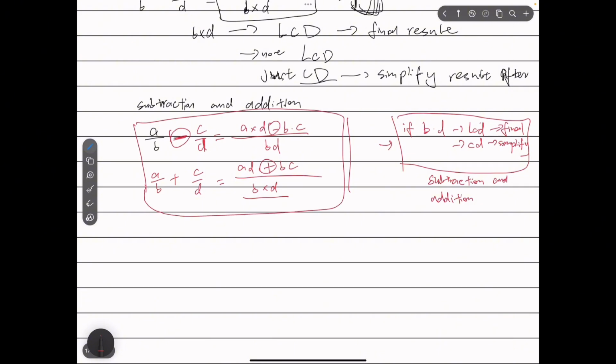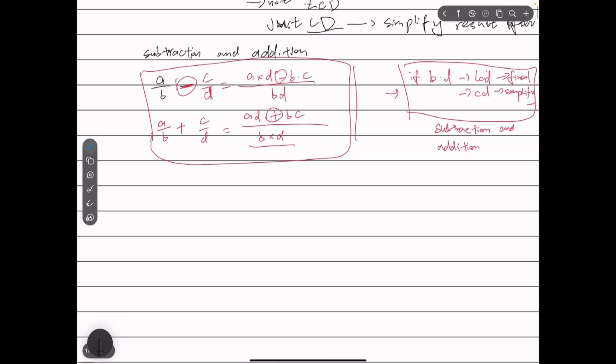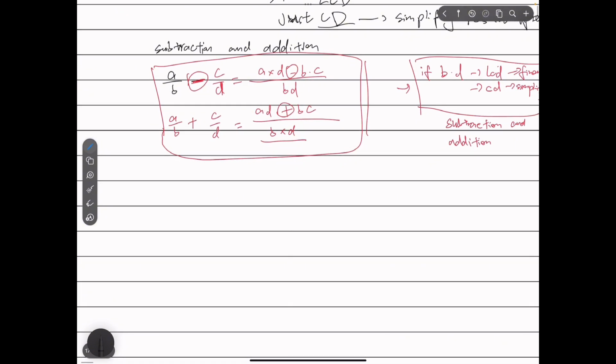So these are the two formulas we use to do the fraction addition or subtraction. Now let's do the multiplication for the fraction numbers. Let's say we have 1 over 3 times 1 over 2, what will that give us?